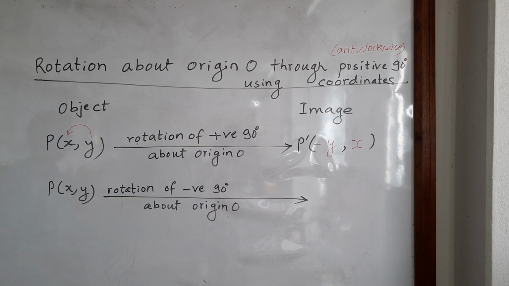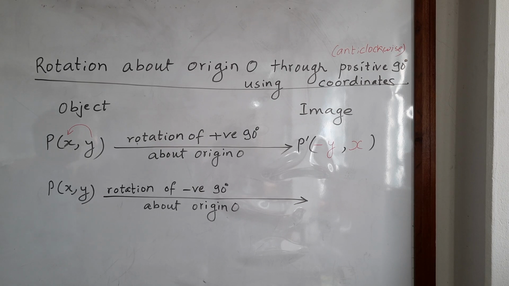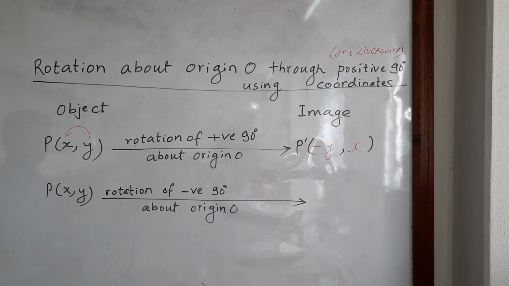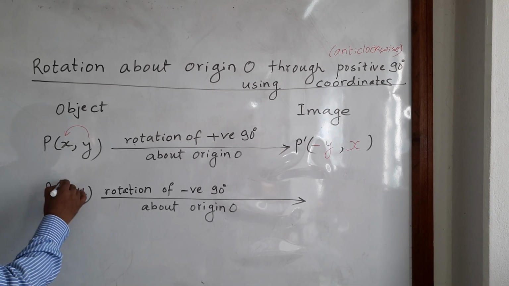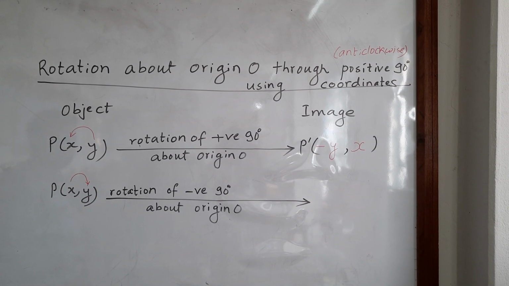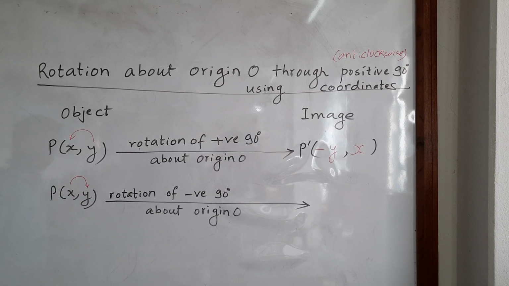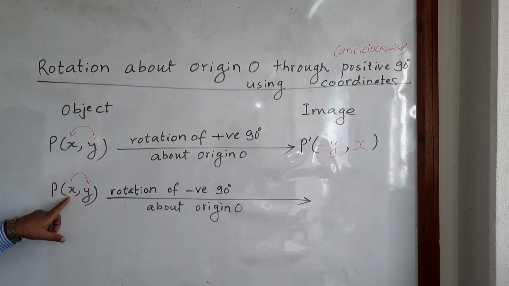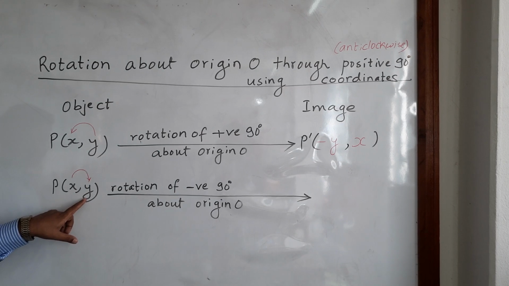In this case, you think of rotating this x in clockwise direction, exactly in the same way as before. Think that x is one shopkeeper, y is another shopkeeper.